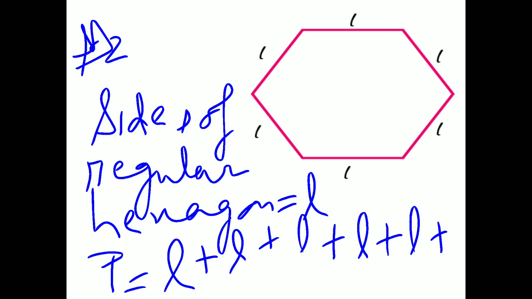So L you have to add 6 times, so it will come 6L. Clear? So in this manner you do this question.